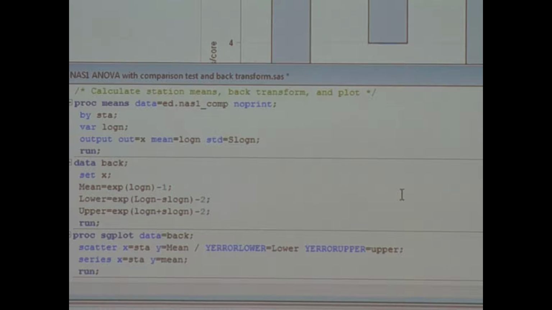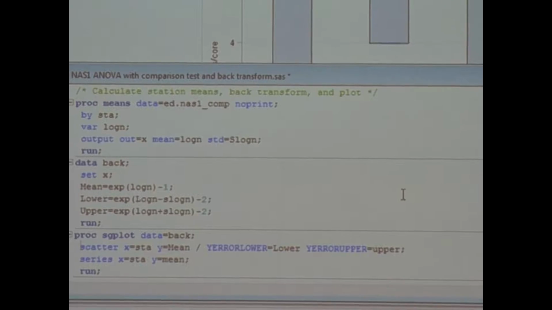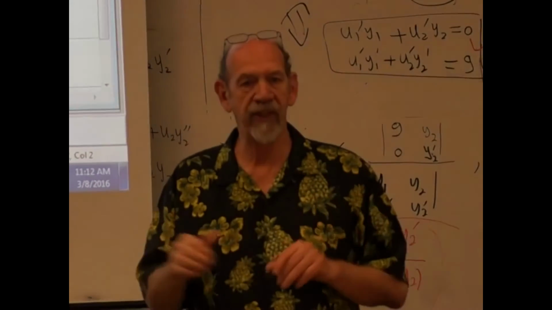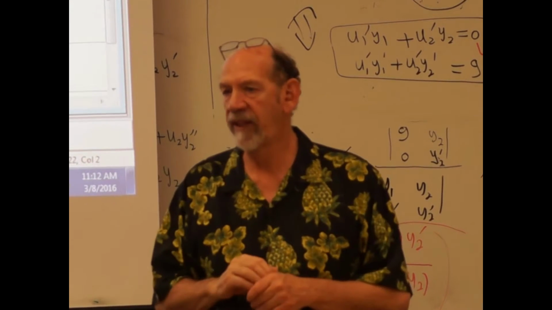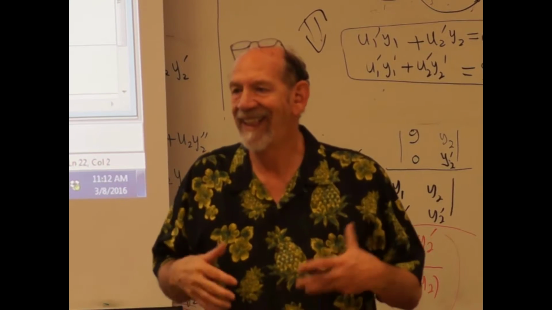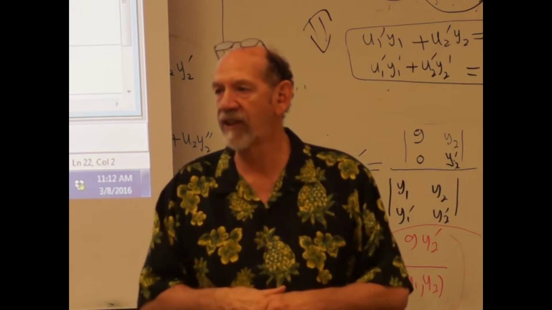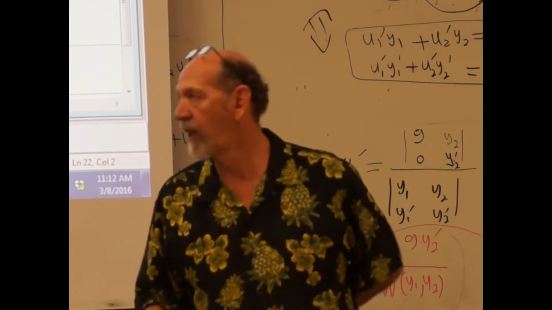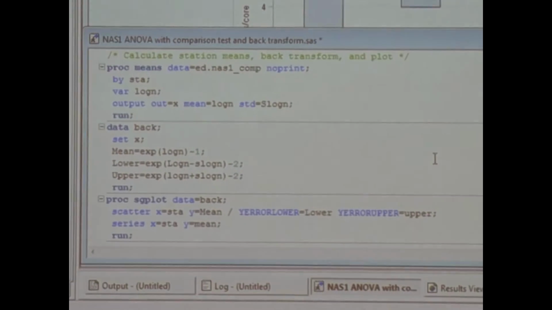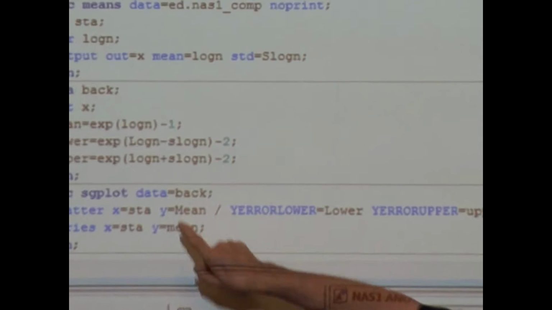And notice, in this case, X is actually not a number, it's a categorical variable. So one of the beautiful things about SGPLOT is it doesn't care if it's characters or numbers. It'll just plot it along the axis in whatever order it comes up to first. Now, on the Y value, we're going to plot the mean.